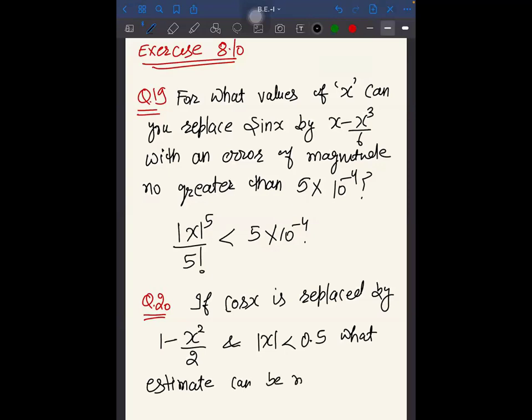So what we have? We have mod x is less than 0.5, right? So if your mod x is less than 0.5, so what would be your error?